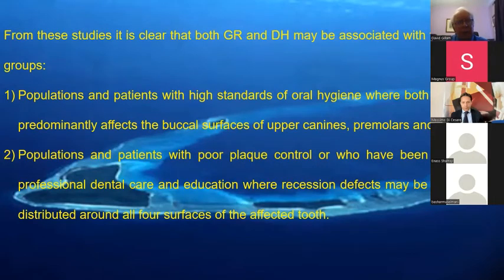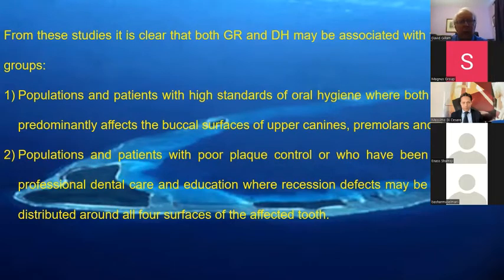And it's clear from these various studies historically, I put the terms GR and DH, but gingival recession, dentine hypersensitivity, and you can break it up into at least two groups. The populations of patients with high standards of oral hygiene, where the condition affects mainly the buccal or facial surfaces of the canines, premolars and molars.